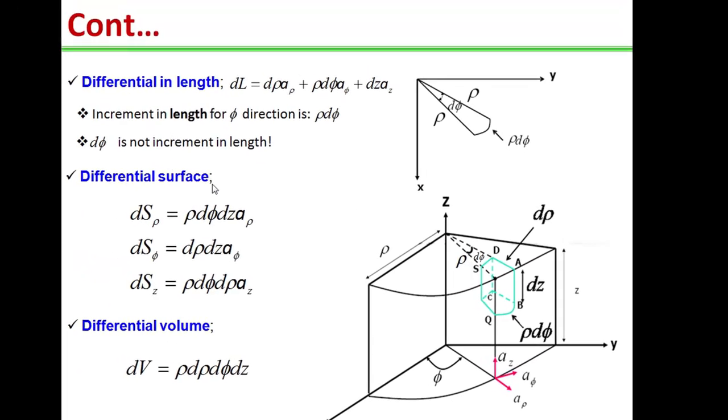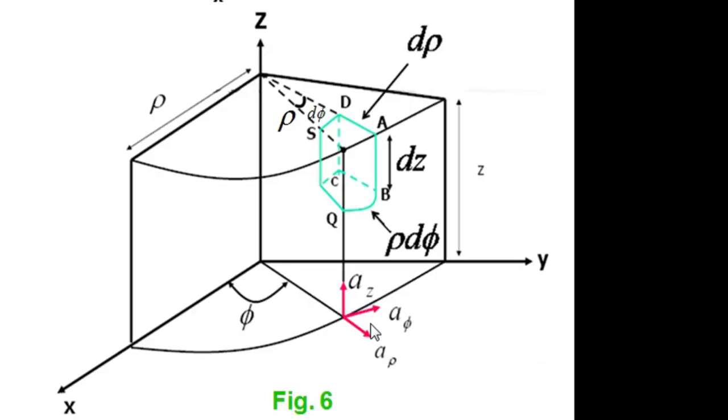For the differential surface, similarly we look at the different unit vectors. If we look at this figure, in the direction of the arrow, this is the surface in the direction of the arrow. For this, what will be the length and width? This is the arc and this is the differential height of the cylinder.